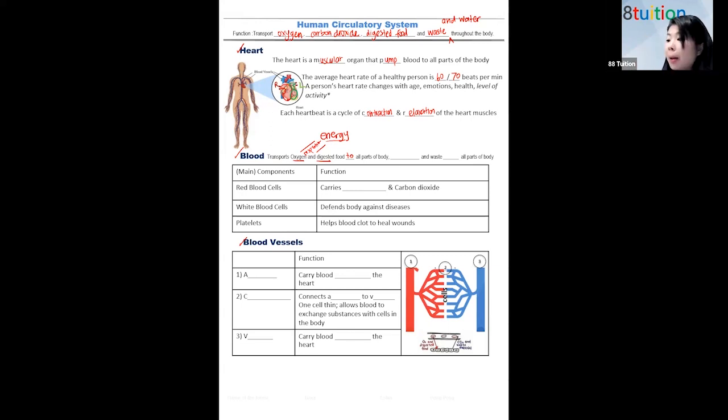After respiration, apart from energy, what else is released? Ziyi, what is produced during respiration?